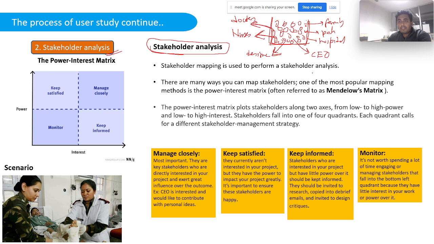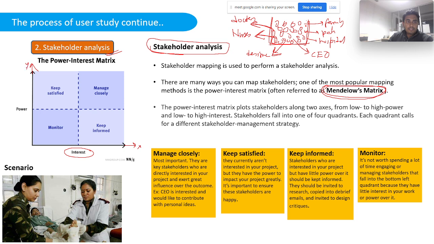So for that purpose, you use something called Mendelow's matrix. There are various techniques that you can use, but Mendelow's matrix is one of the very popular ones. This particular matrix uses a two-dimensional plotting of the stakeholders. So you have two axes here. One is the x-axis, which describes the interest of the stakeholders.